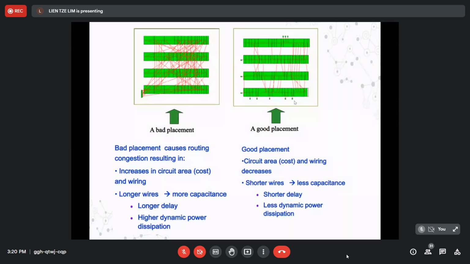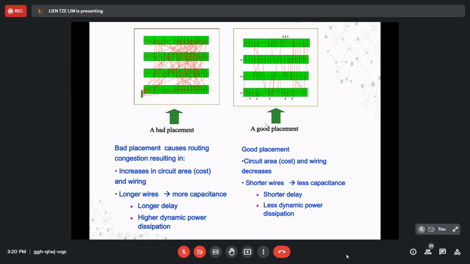There is another example here that shows good floor planning and bad floor planning. This one is an example that shows the placements of the routes. For a bad placement, as you see, the routes here are all in a mess.